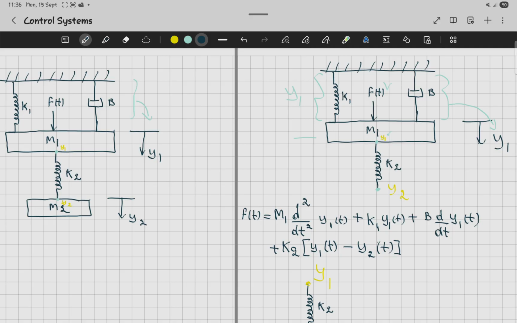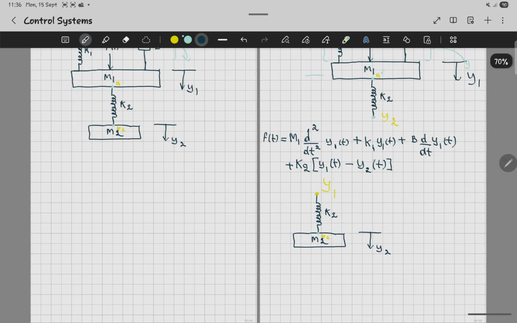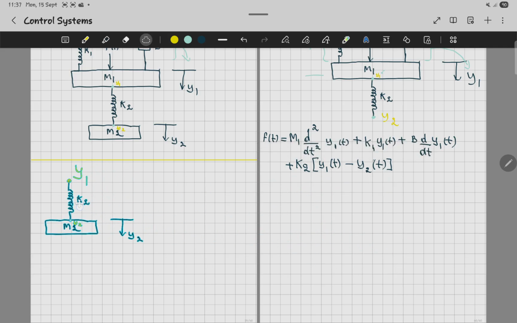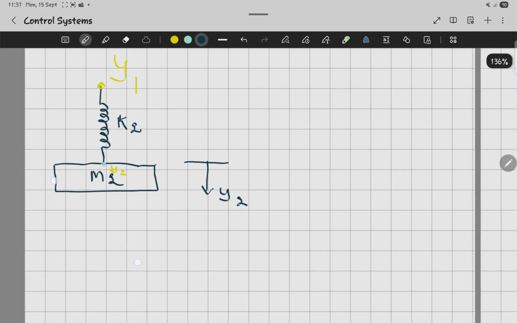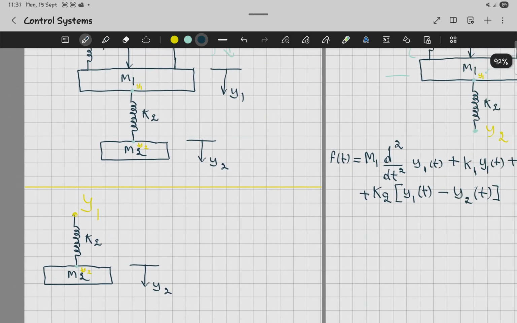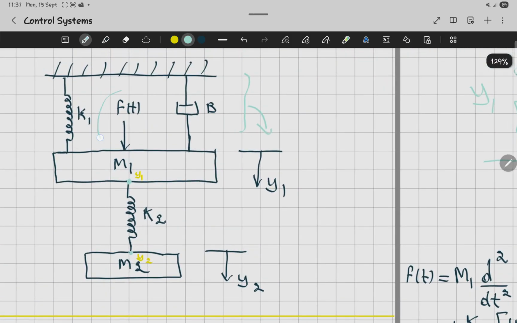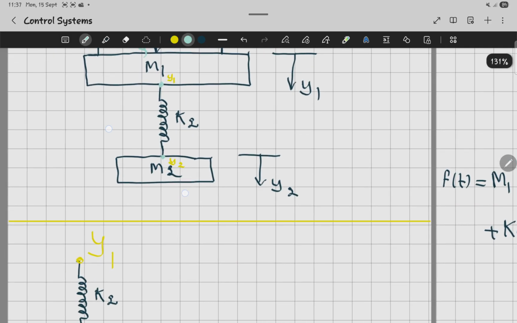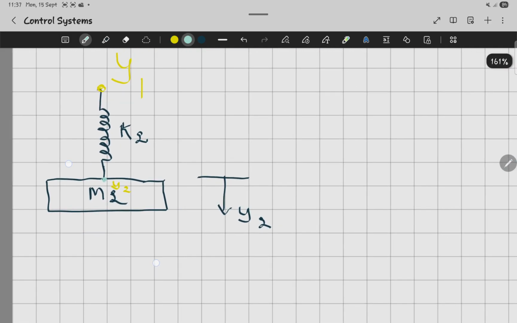So then let's write the second equation now. Just to get some space, I will convert them into S domain so that you can see. Let's just move this on the side so I can have space to write down. Now this one, since there is no f(t), it's actually connected to m1, so that means we're going to write 0 instead of f(t).